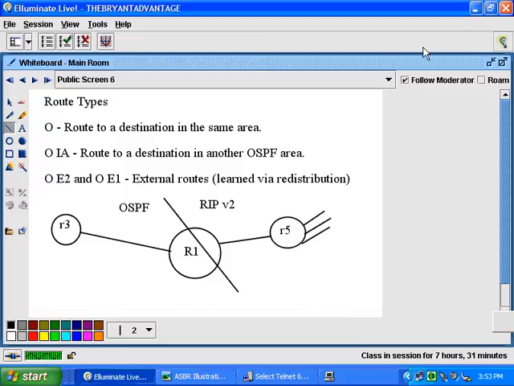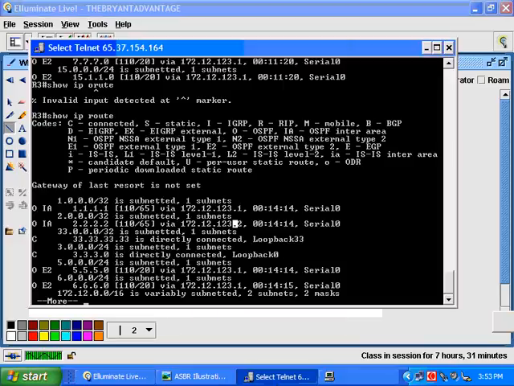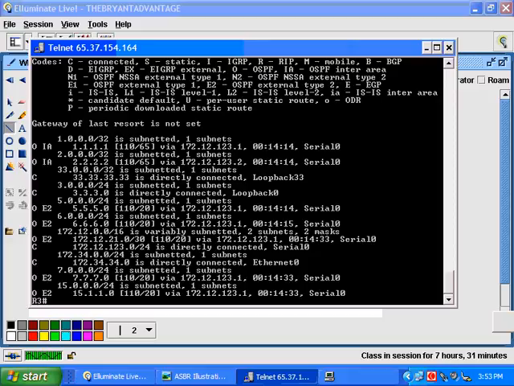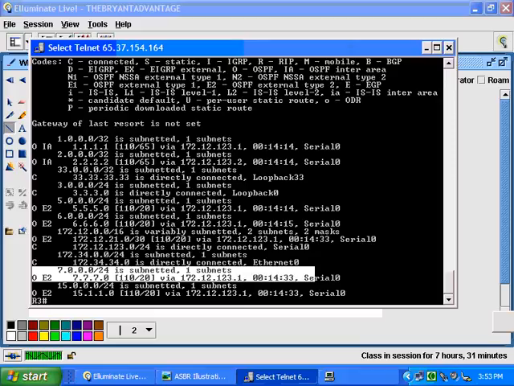Now, on R3, did you notice the metric leading to those remote external destinations? It's 20, and that's the default.